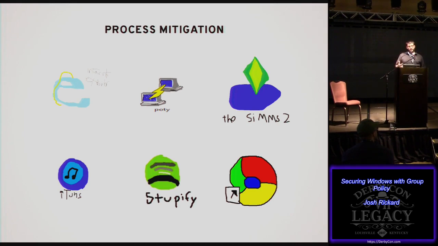You have to be on domains, and your domain controller functional level has to be 2016 to use this, so you're probably not going to use this in the wild right now unless your organization's really fast at upgrading. But you have the ability to do something very similar to EMET, but from a group policy perspective.